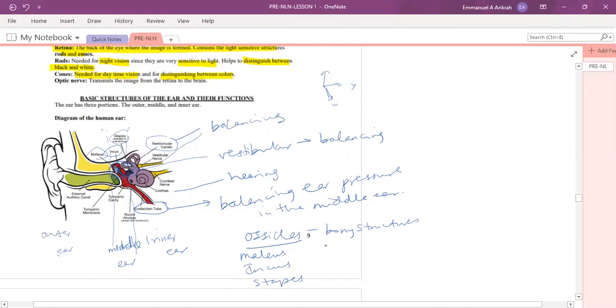And the function, they're there to increase the intensity of the vibration. Because the sound vibrates the tympanic membrane. That's the eardrum. So it vibrates, and then the bones increase the vibration.